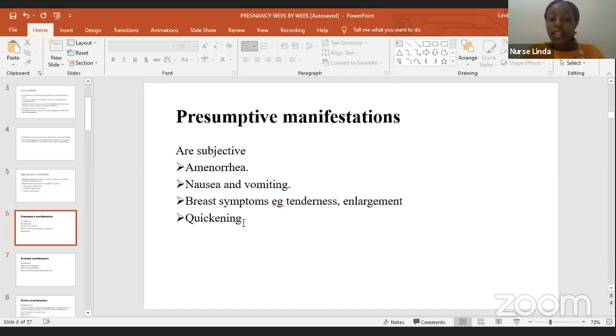So they might feel these movements in their abdomen, which are not real movements, but psychological movements, okay? But then quickening actually happens in a real pregnancy as well. So these are just presumptive manifestations. As I have said, they are symptoms that a woman might report when they think they are pregnant.